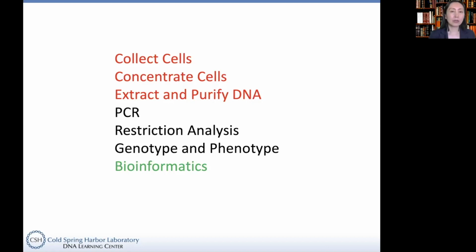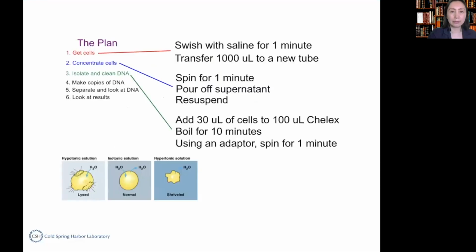That will help us to understand the relationship between genotype and phenotype. And at part 3, we're going to do exercises in the bioinformatics field. So today, we're going to focus on 3 experiments.